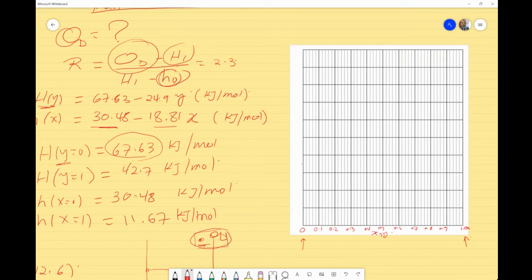Doctor, we can start from 120. Yes, you can start from 120 here, for example. And then you have 100 here. You can have here 80, 60, 40, but then you have 20.